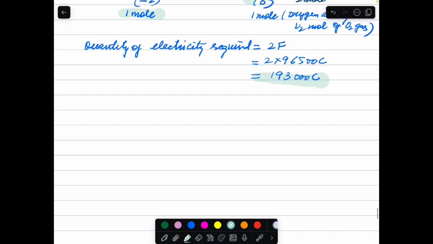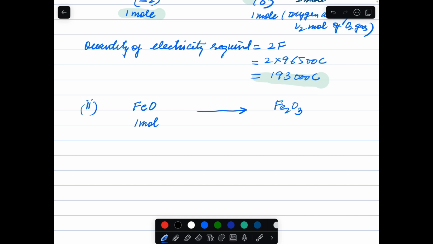Now come to the second part. In the second part, we are converting ferrous oxide into ferric oxide. We will start again with 1 mole of ferrous oxide.